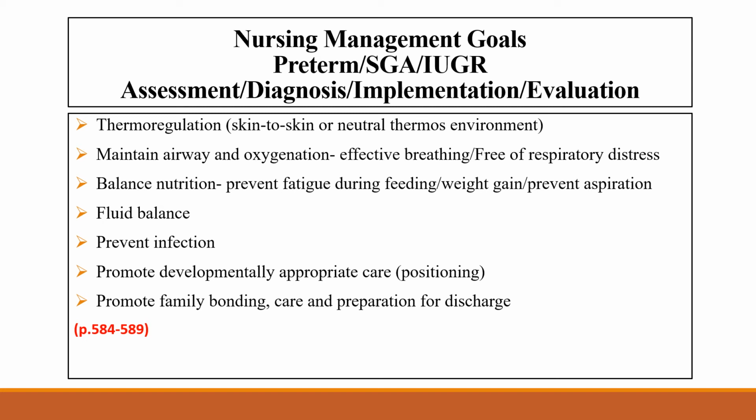If you see something, say something. That means if you see somebody break sterility, you've got to speak up so that the baby does not get an infection. Promote developmentally appropriate care. That means positioning, making sure that they are in a flex position so that they're conserving their heat and they're also promoting their growth.